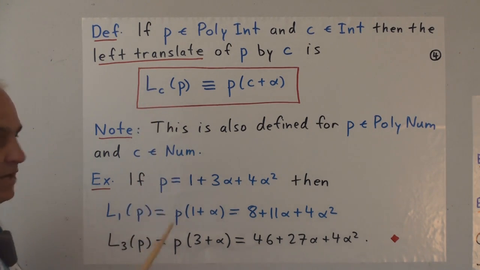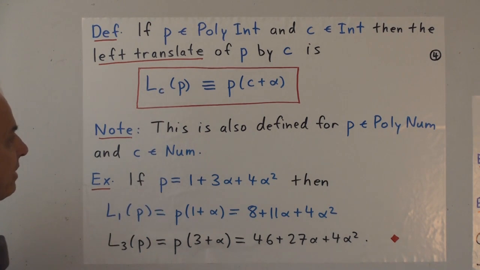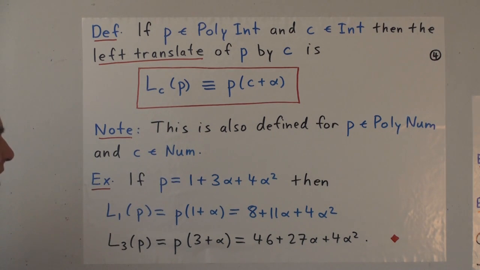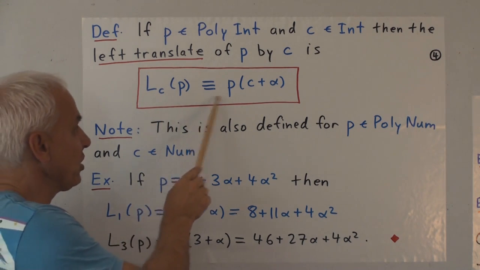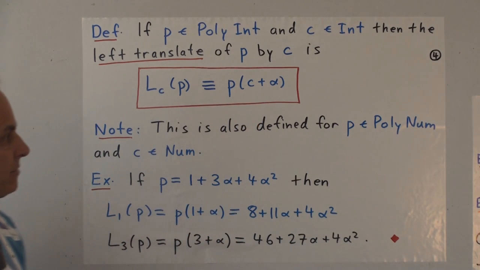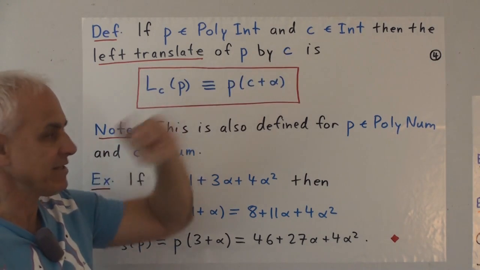Capital L, standing for left, sub c, that's the amount that we're translating by, of p, that's the actual polynumber that we're translating, and that's by definition p of c plus alpha. We'll say that's left translation of p by c.